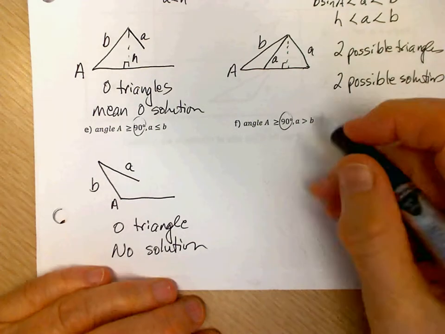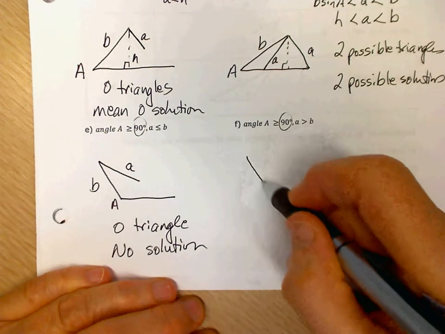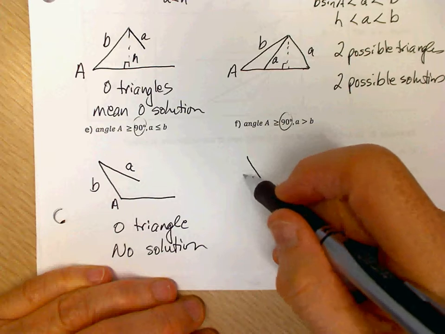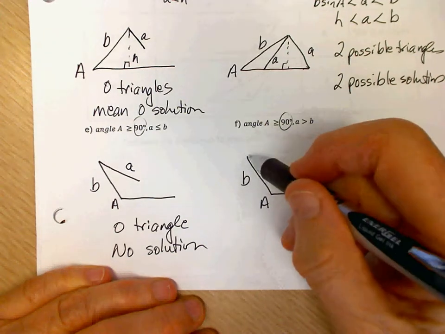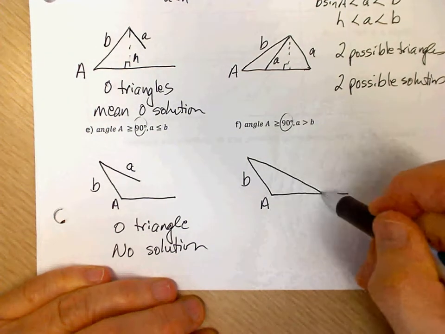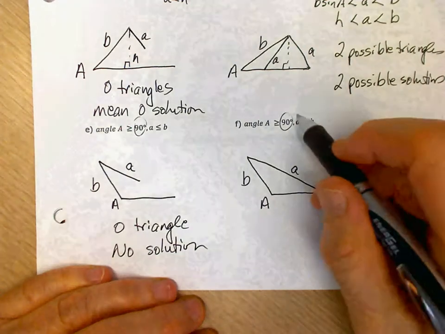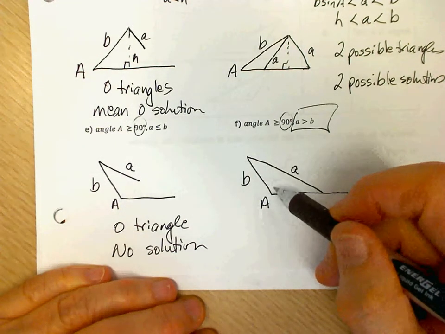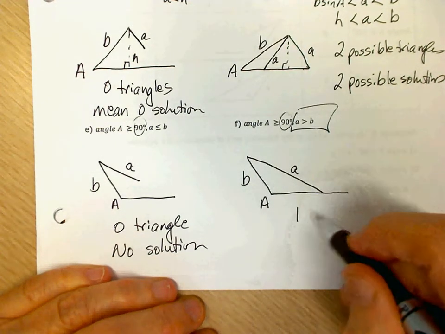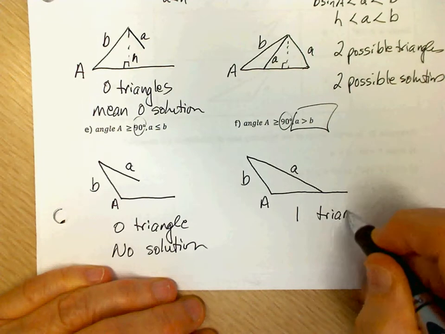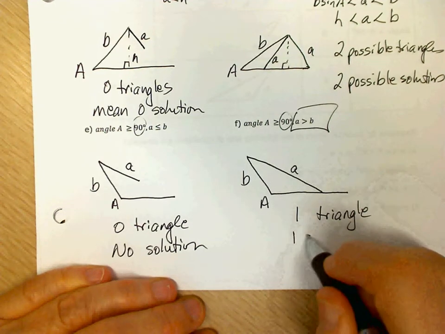Now, angle A is greater than 90, and A is greater than B. When A is greater than B and this is greater than 90, you have one triangle, one solution.